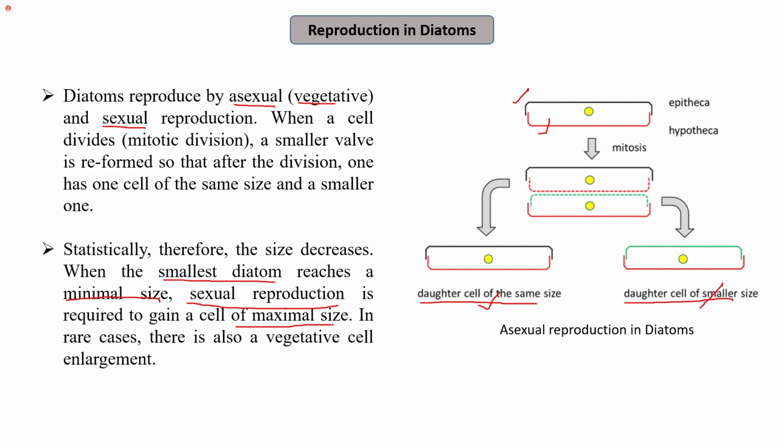But in usual cases, when a diatom reaches the smallest minimal size, it has to undergo sexual reproduction to regain its larger size. So, we know that basically it undergoes asexual reproduction, but at some point of its life, it has to undergo sexual reproduction when it reaches the smallest minimal size.